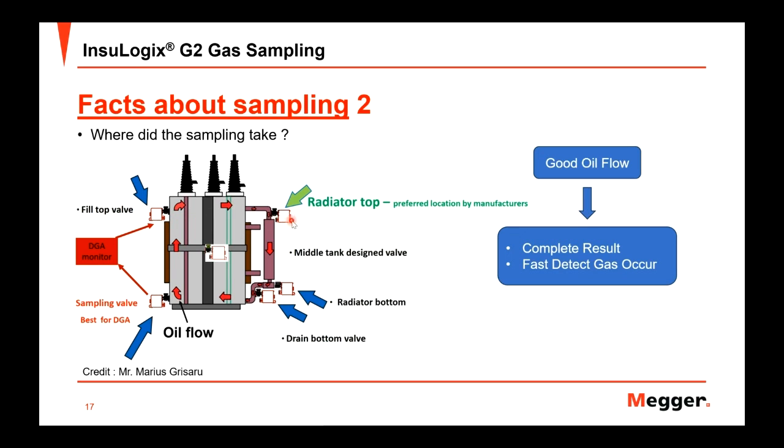If you do a sampling here, you also can get a good result because from some of the research, the gases are likely to give a better result if you sample from the top oil.